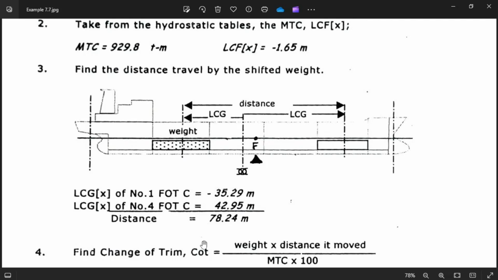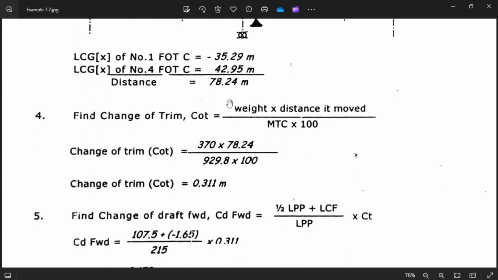So you add this one, that will be your total distance from FOT number 1 center tank to FOT number 4 center tank. Okay, that will be the distance of 78.24.